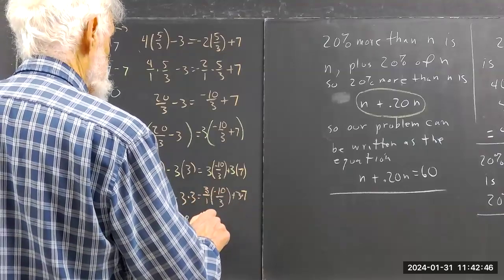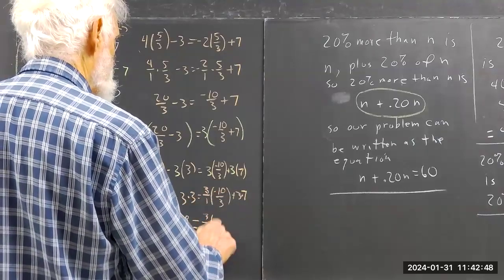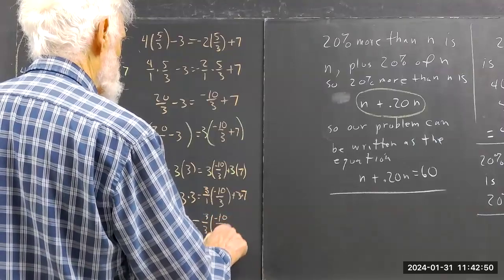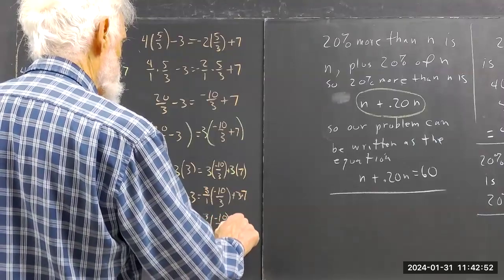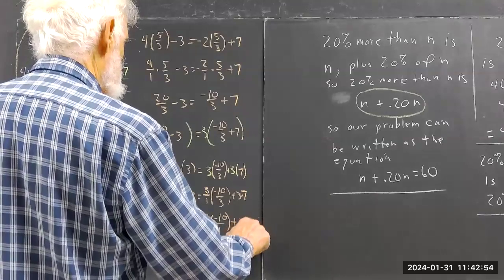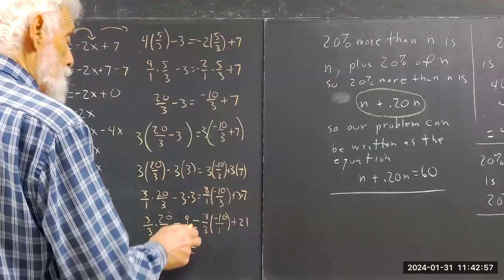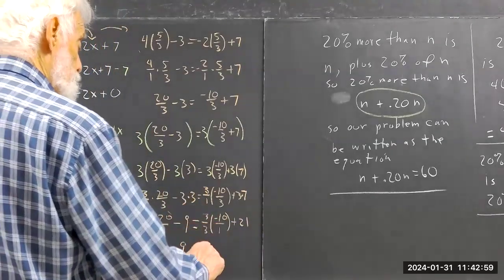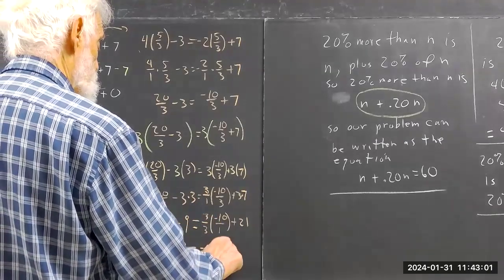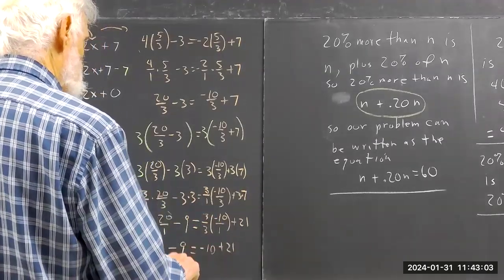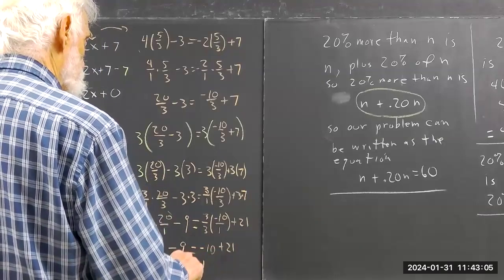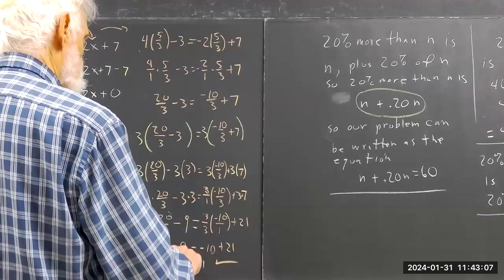Well, this could be written as 3/3 times negative 10/1 plus 21. Well, again, the 3 divides the 3, you got the 1, you got negative 10. Plus 21, you get 11 equals 11. And now we've checked it.